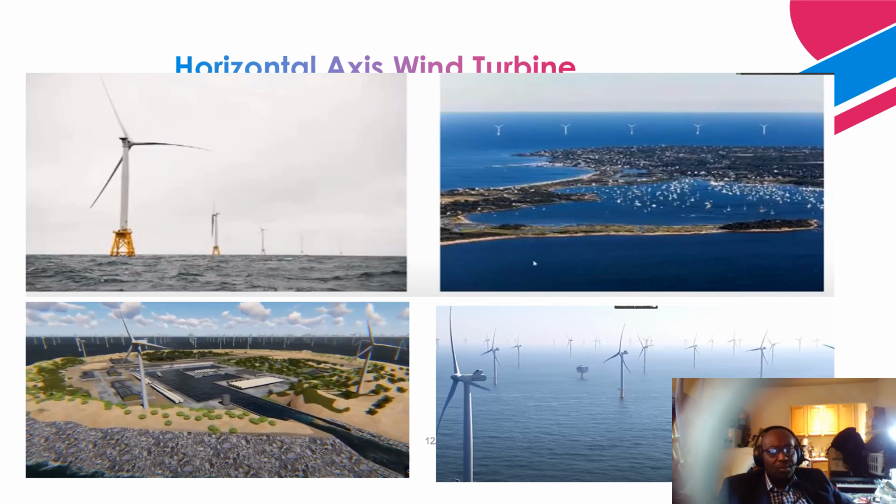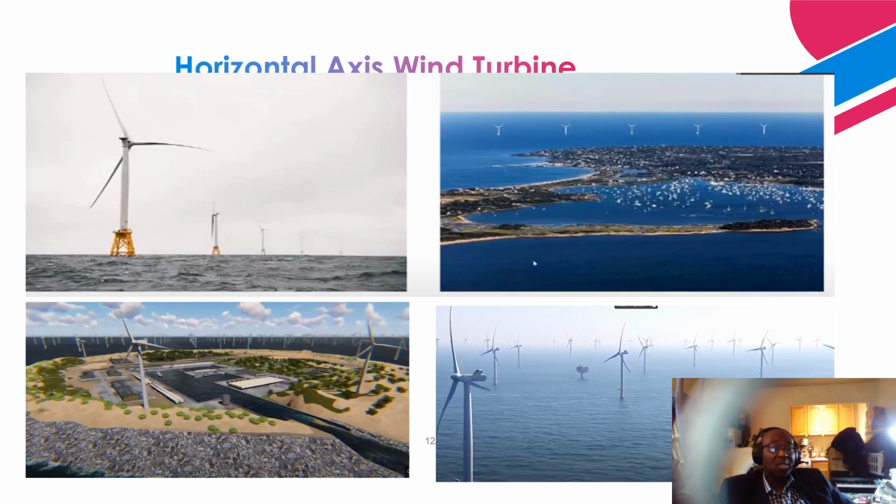Now these are typical pictures of horizontal axis wind turbines. In a slide before, I showed you pictures of what a vertical axis wind turbine looks like. So as you can see, this is what they call a horizontal axis wind turbine, and this is a fixed bottom type.